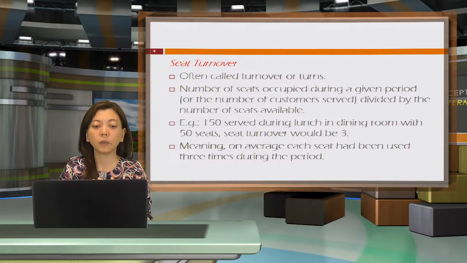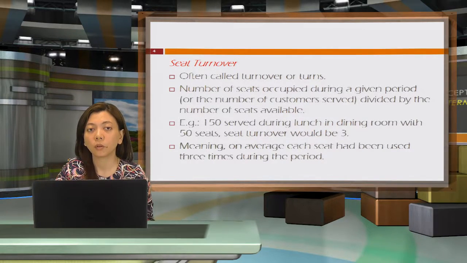So the formula, for example, if you have 150 people coming into your restaurant and you have about 50 seats, the seat turnover would be 3. Okay, so 150 divided by 50. So meaning here, on average, each seat had been used 3 times during the period.